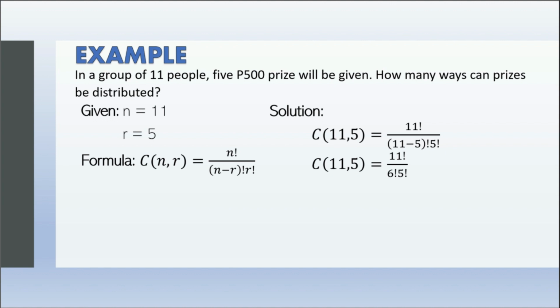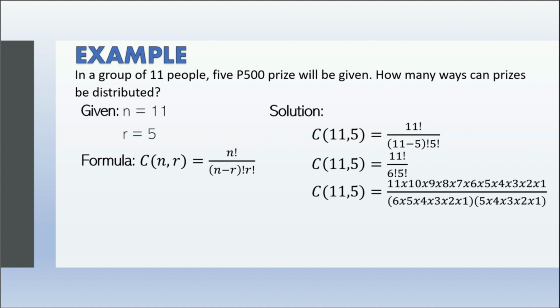11 minus 5 is equal to 6. Then we're going to evaluate the following factorial notation. 11 factorial means 11 times 10 times 9 times 8 times 7 times 6 times 5 times 4 times 3 times 2 times 1. 6 factorial means 6 times 5 times 4 times 3 times 2 times 1. 5 factorial means 5 times 4 times 3 times 2 times 1.